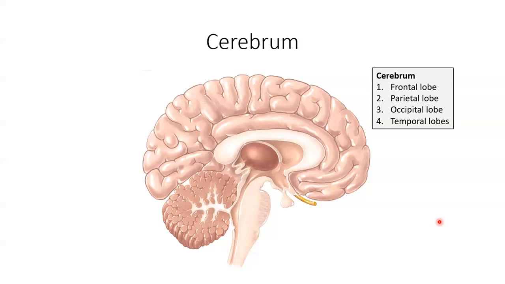So the cerebrum consists of an outer cerebral cortex, an internal region of white matter, and then grey matter nuclei deep within that white matter. The cerebrum can then also be broken up into the 4 lobes of the brain.